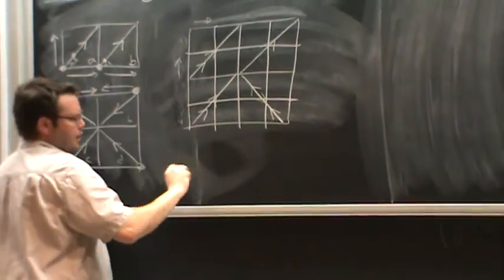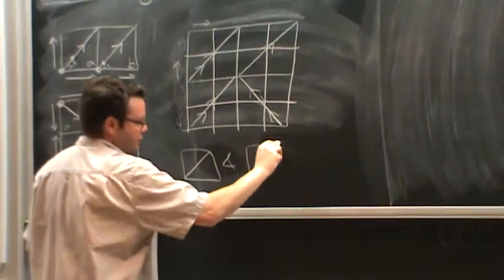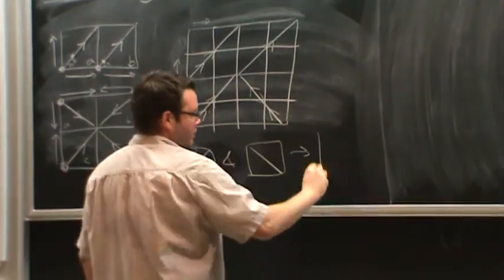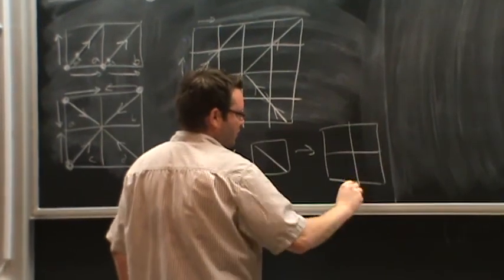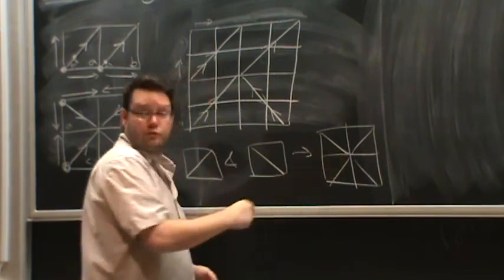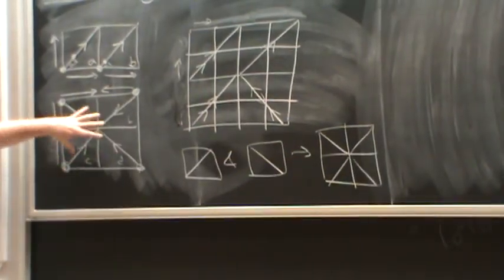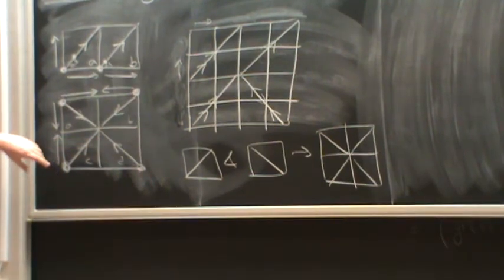And essentially what we've done is we've replaced either of these two with something like an X. Well, it goes to a certain subsection of an X, and we already knew how to do the X. And if you tile a bunch of X's together, just tile these arrows together.